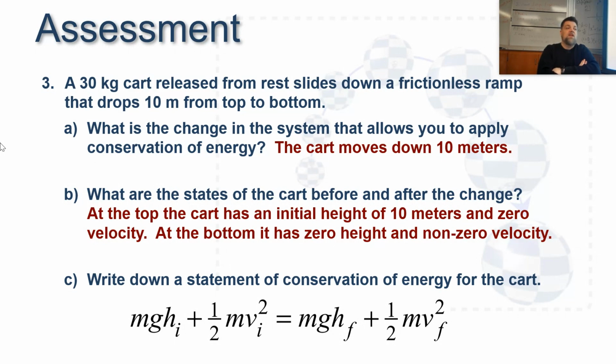And you could do the same thing. If we weren't sure how high a roller coaster was, and we had a radar gun, and we could figure out how fast the roller coaster was at the bottom of the hill, we could do the same thing and figure out the initial height. Right? Because we would assume at the top of the hill it's 0. Okay.